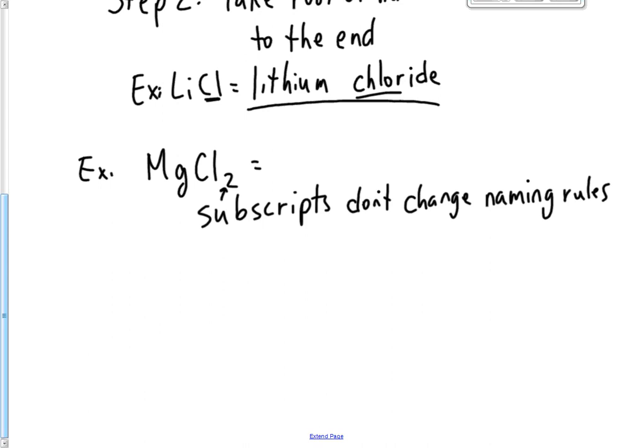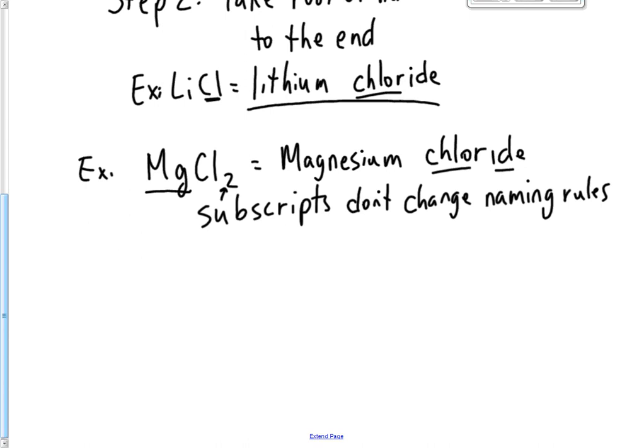So let's look at this one. What's our metal? Our metal is right there, Mg. Look it up. It's magnesium. Again, Cl is chlorine, so we're going to take the root word chlor, and then we're going to add IDE. So chlor and then ide.